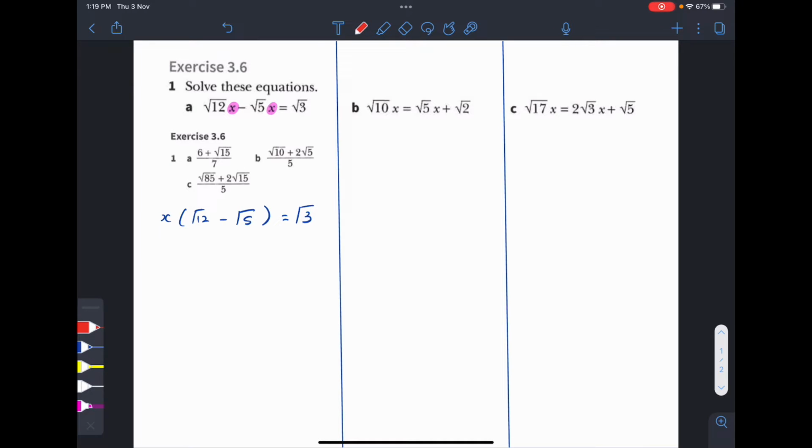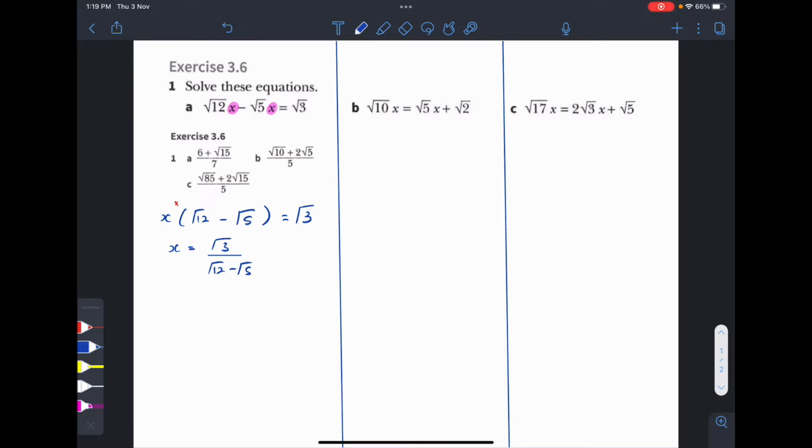As you already know, whenever we have brackets, it's just a multiplication, and if we move the multiplication to the other side, it will become a divide. So x equals root 3 over root 12 minus root 5.